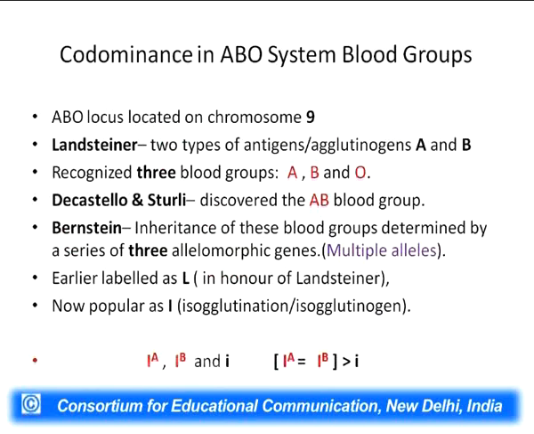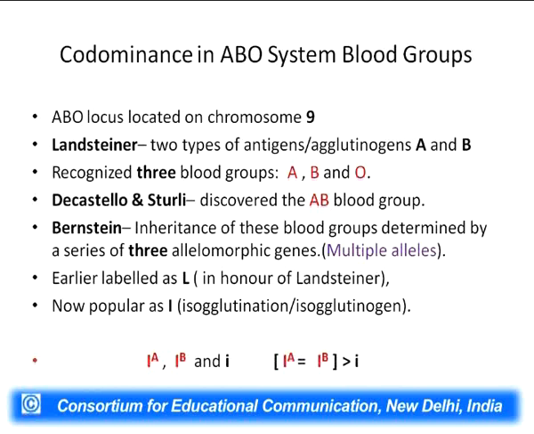The ABO locus that we have is located on chromosome number 9, and the ABO group, as we know, A, B, AB and O, these are the blood groups.